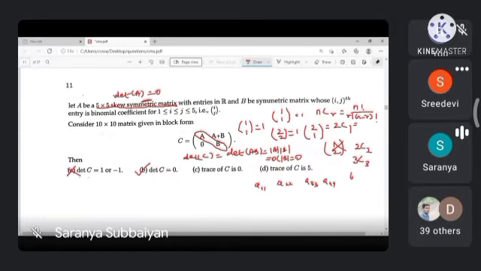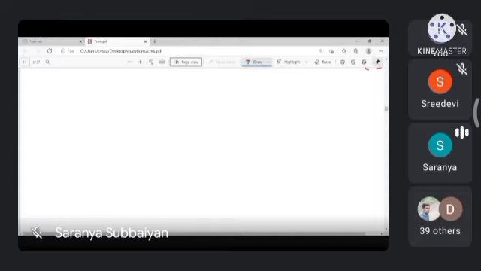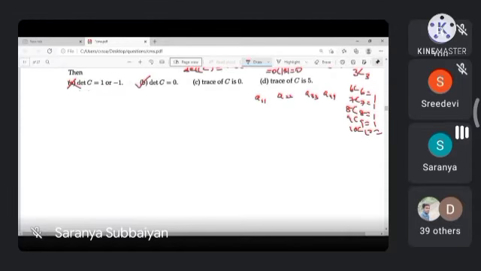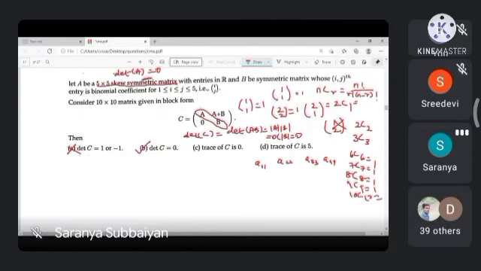So 6C6, 7C7, 8C8, 9C9, 10C10. What are the values? 1, 1, 1, 1, 1. So the trace is the sum of the diagonal elements. This is 0, this is all 1, 1, 1, 1, 1. So what is the answer?